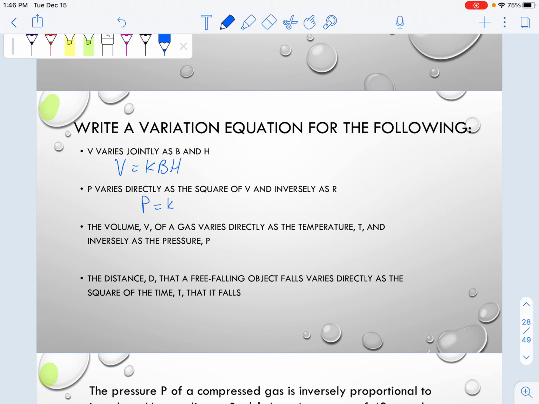P varies directly as the square of V and inversely as R. The volume of gas varies directly as the temperature and inversely with the pressure. And the distance a free-falling object falls varies directly as the square of the time that it falls.